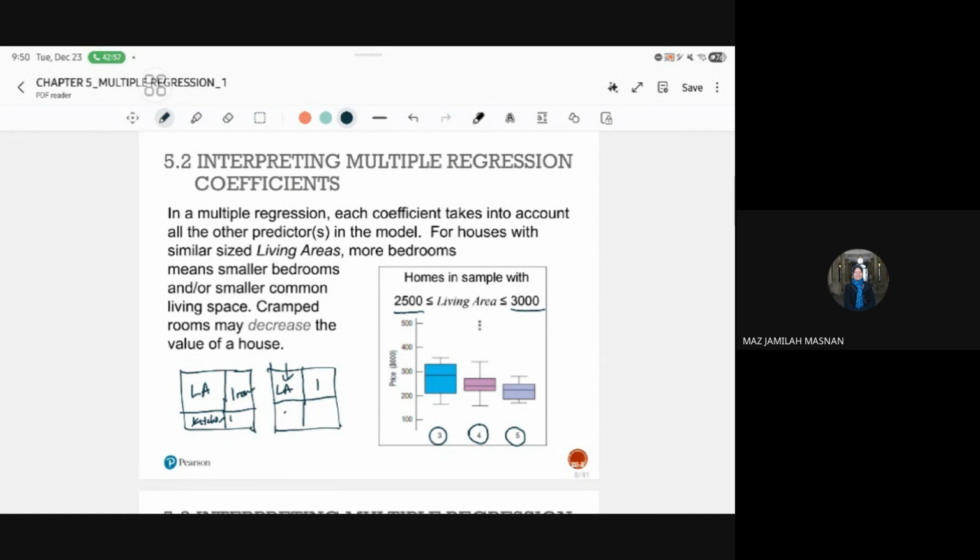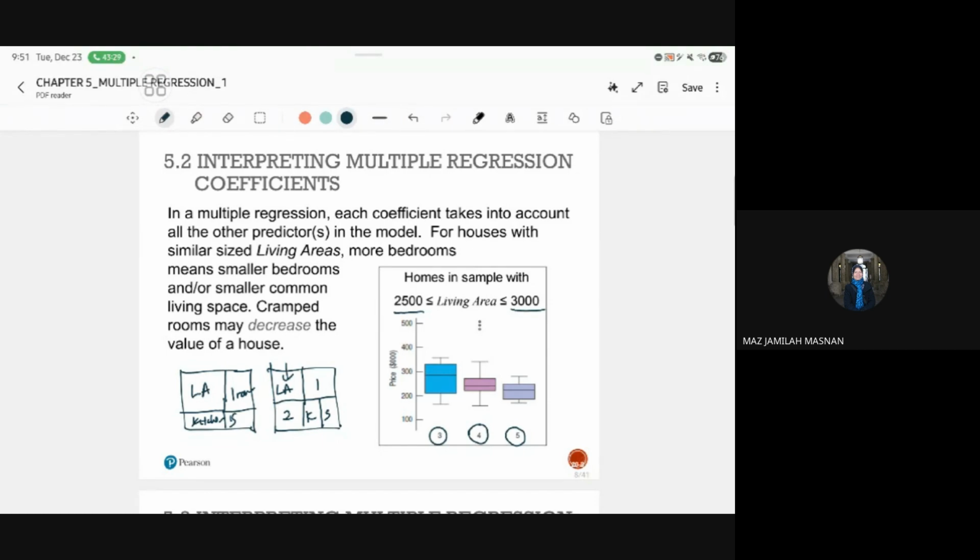As you have more rooms in your house, you will have a smaller living area. Let's say this is the kitchen and this is the store. This gives you an idea of how the living area impacts the number of bedrooms in a house, and that will impact the price value of that particular home. I hope you can understand that.